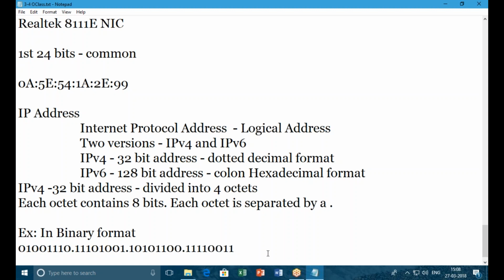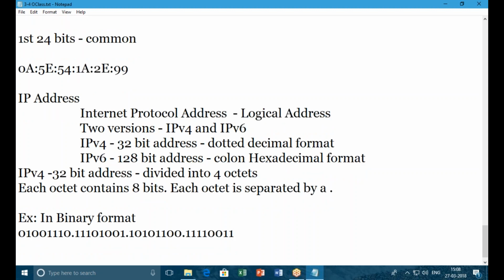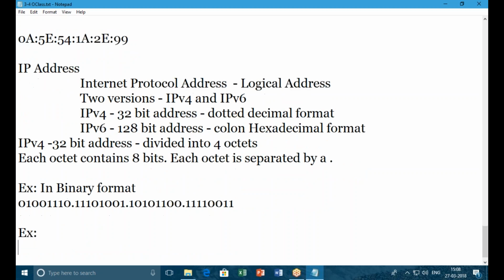This is how an IP address is represented in binary format. But for our convenience, we write this IP address in decimal format. Example, 172.16.0.250. This is an example of an IP address in decimal format: first octet, second octet, third octet, and fourth octet.